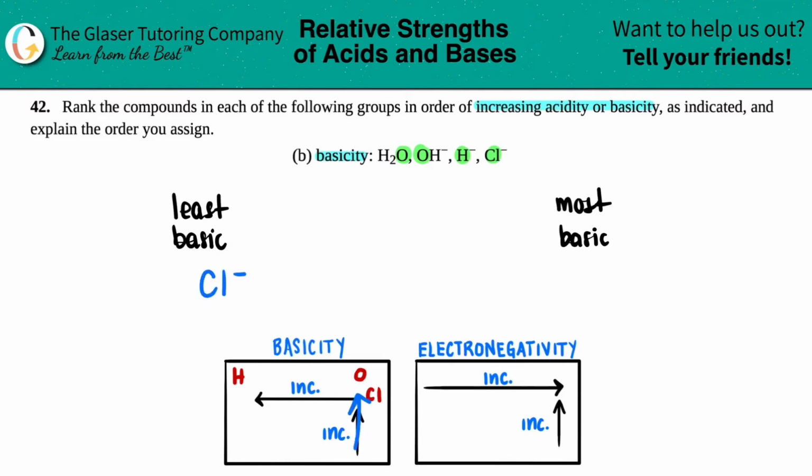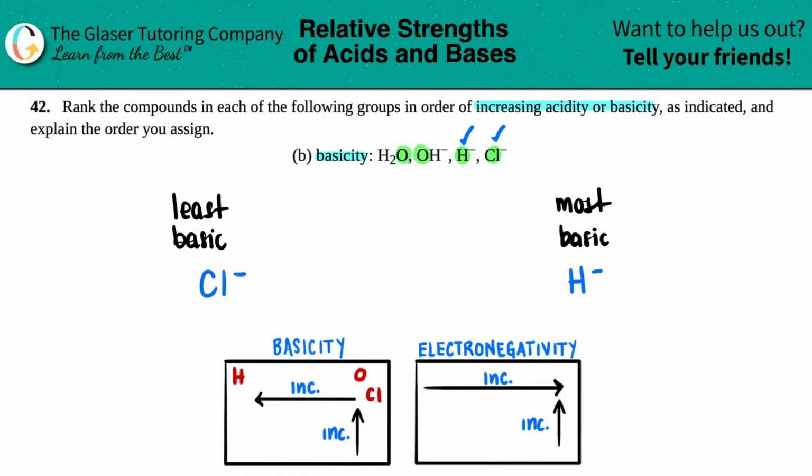Now, if we're increasing all the way to the left, the hydrogen would be the most basic, right? If I'm increasing all the way this way, hydrogen would be the most basic in this case, H minus. So we figured out H minus, we figured out Cl minus, but now we just have basically the same element. We have H2O versus OH minus.